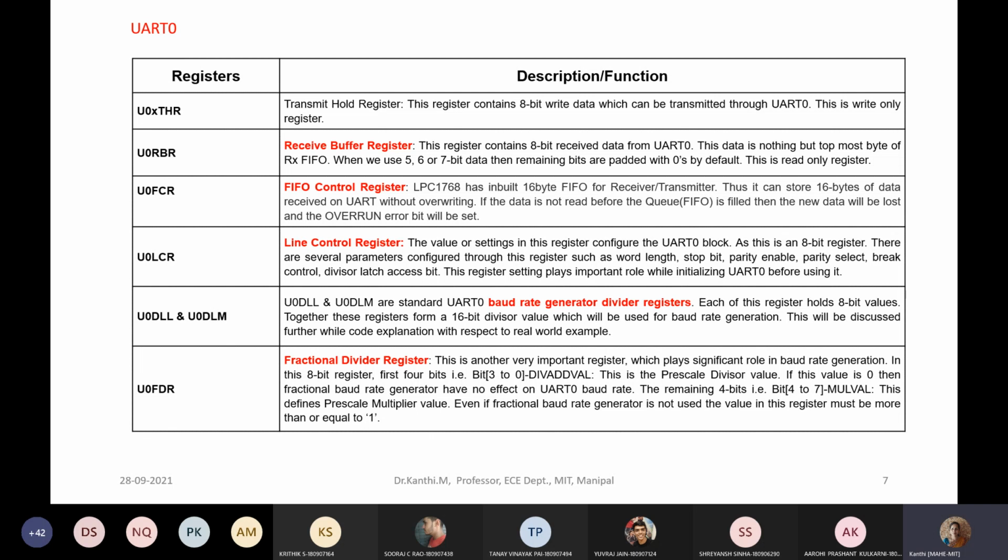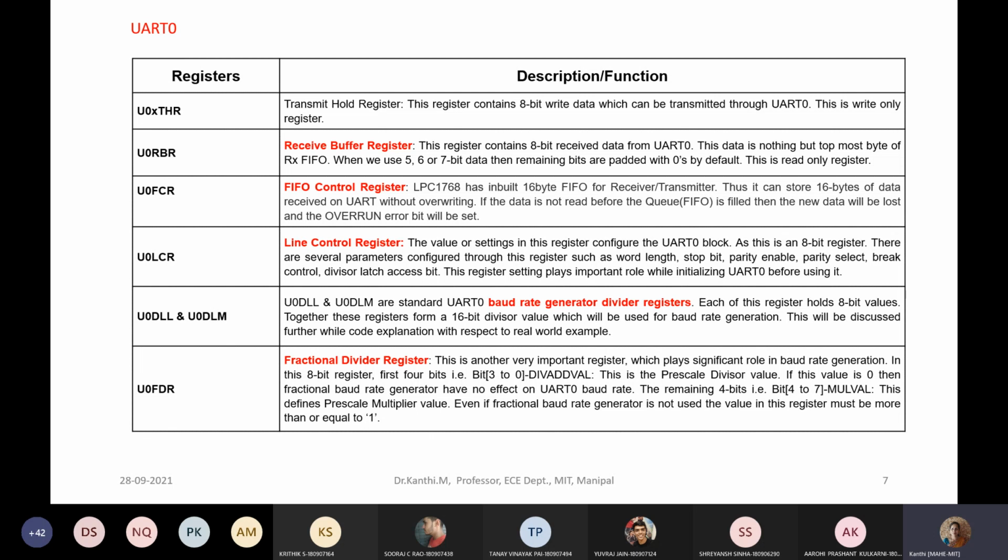For baud rate generation, we compute the values to be used and copy them into the register so that it will be set up with the specific baud rate. Normally we use 9600. You can either reduce or increase the baud rate by making certain setup changes.